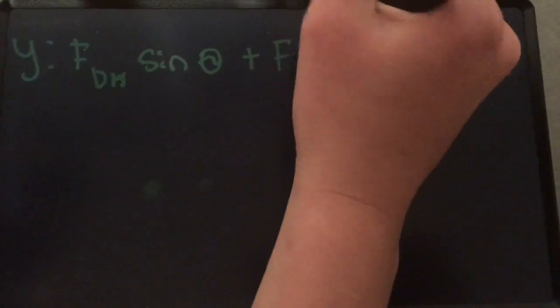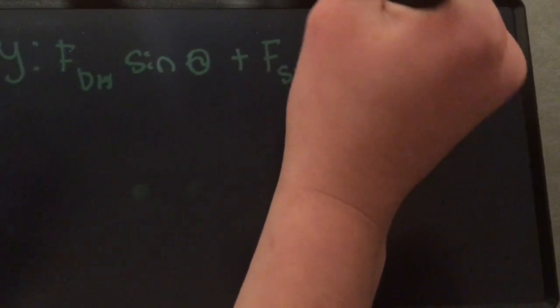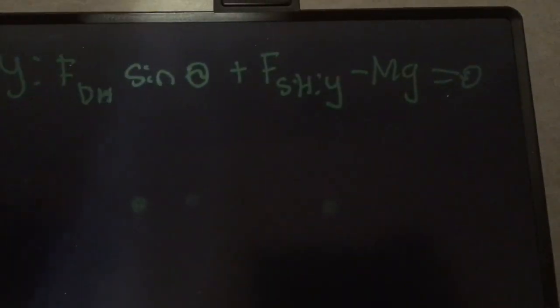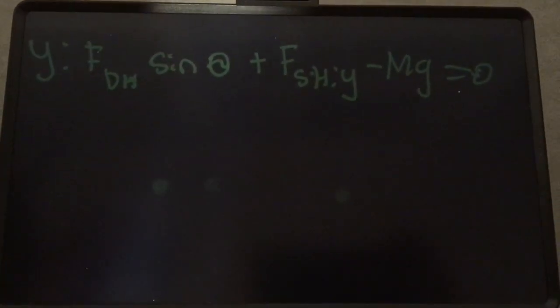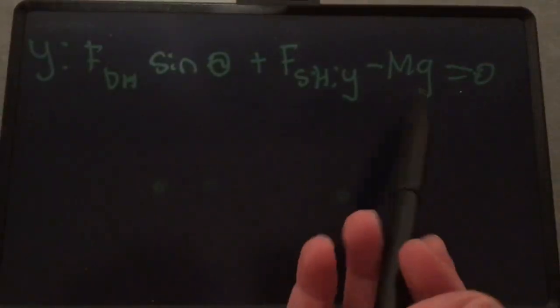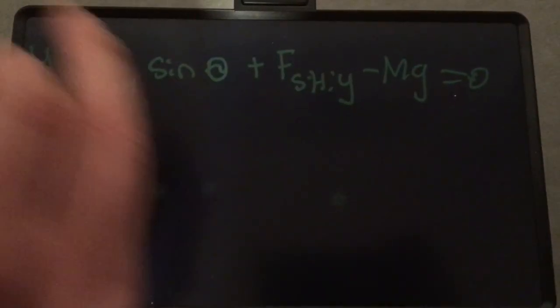Now we are going to solve for the y direction. So y is going to be FDH sine theta plus the FSH in the y direction minus mg to equal 0, as we had before. Do you guys recognize that this is vector addition? Because we are using these vectors to solve for our force.